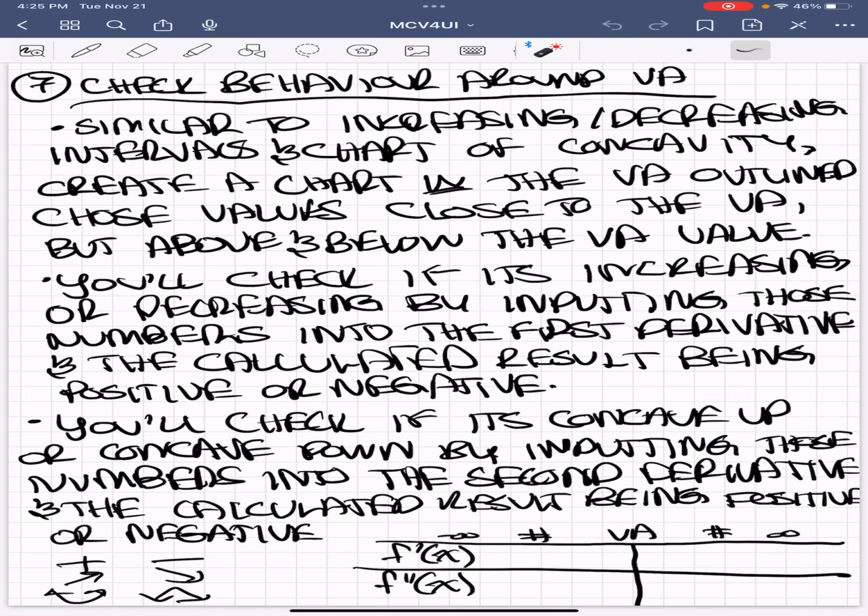So for checking behavior on the VA, similar to increasing and decreasing intervals in the chart of concavity, create a chart with the VA outline. Choose values close to the VA, but above and below the VA value.